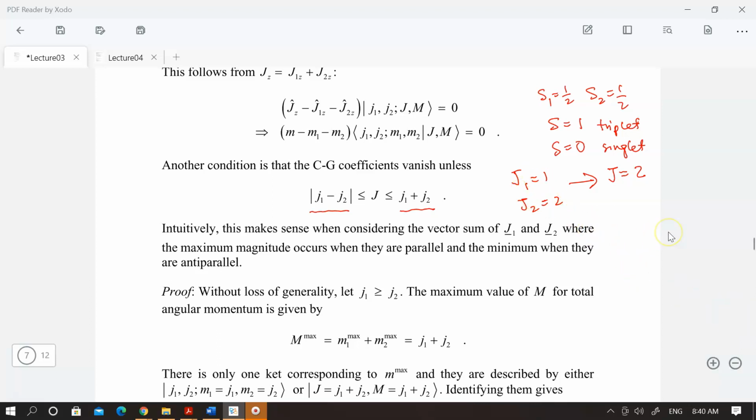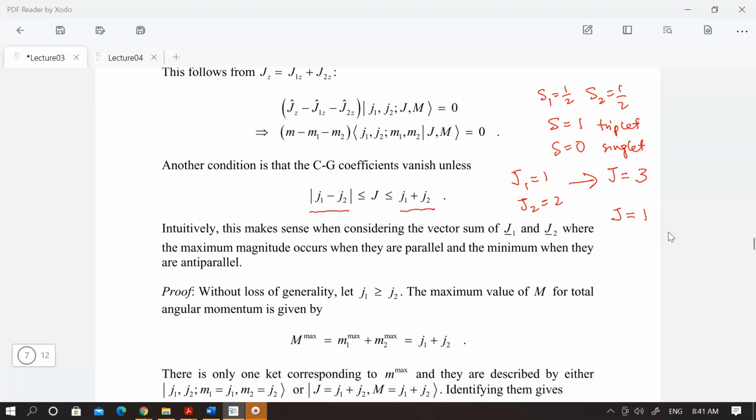So then I should have a different example. If J1 equals 1 and J2 equals 2, then the total angular momentum should be 3 maximum, and the minimum should be 2 minus 1, so J equals 1.